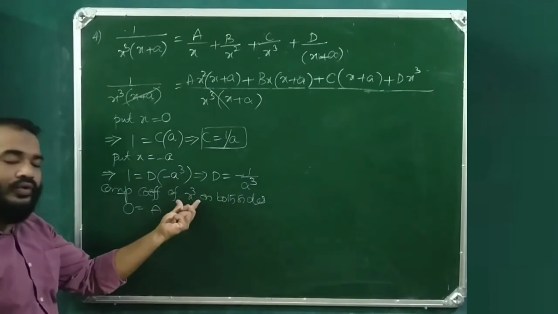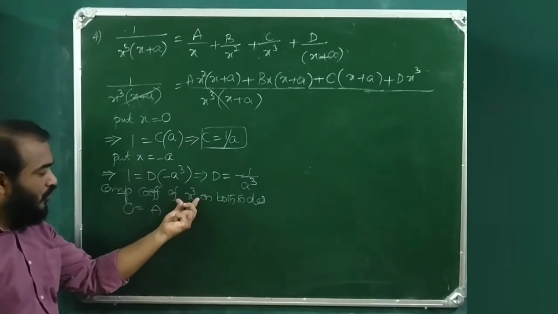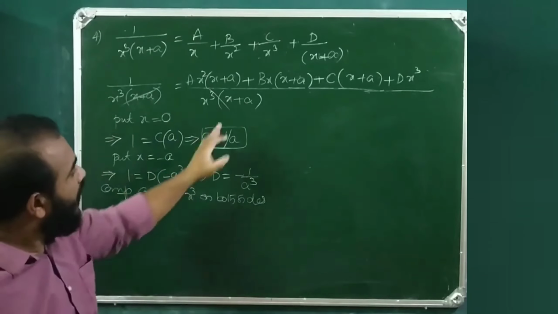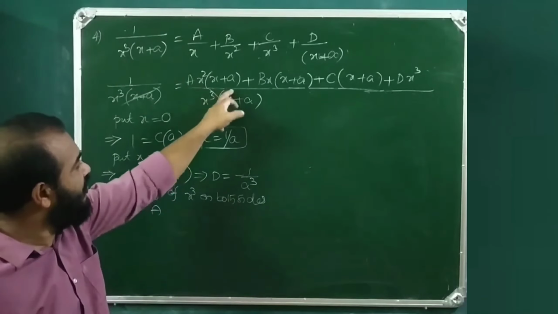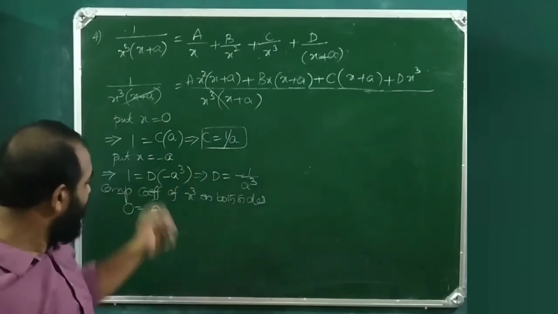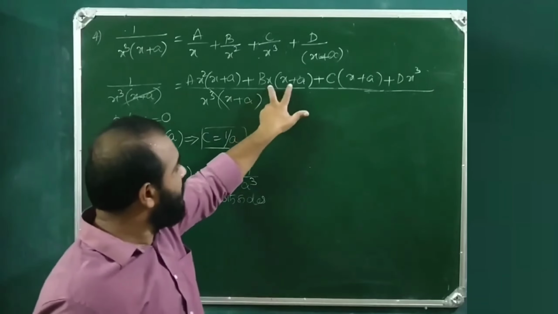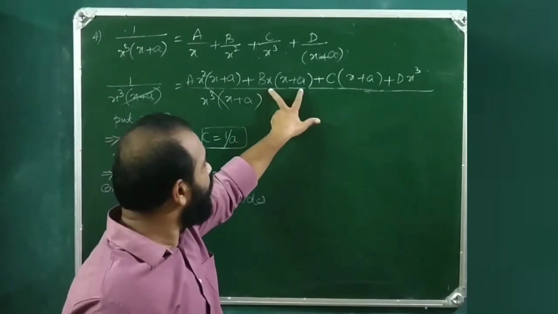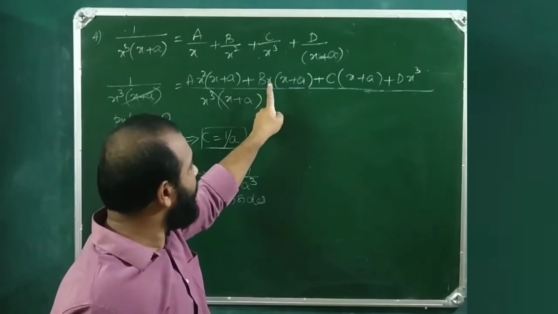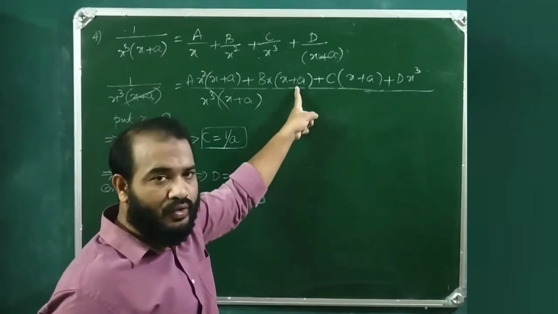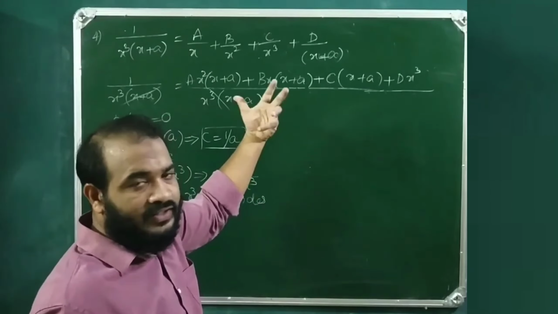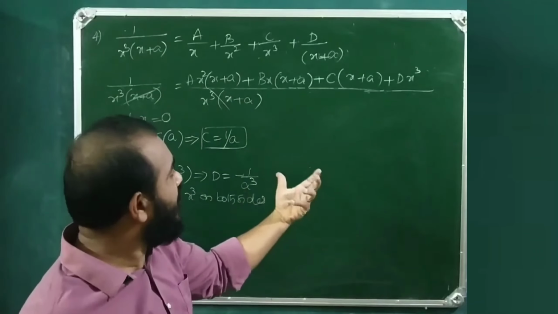But we are interested in taking the x cube coefficient only, and we don't have an x cube coefficient here other than this a. So x into x square. X into a, ax. So here the coefficients of x square and x only we are getting. So x cube coefficients we are not getting here.